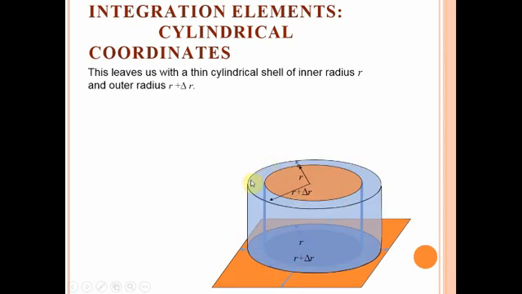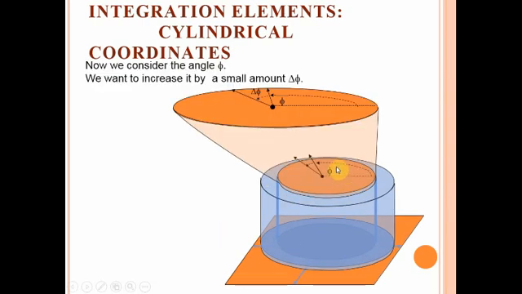So we can create a cylindrical shell of inner radius r and outer radius r plus delta r, and inside that there is a rotation. If we rotate the element from phi to phi plus delta phi, then delta phi is the incremental value.